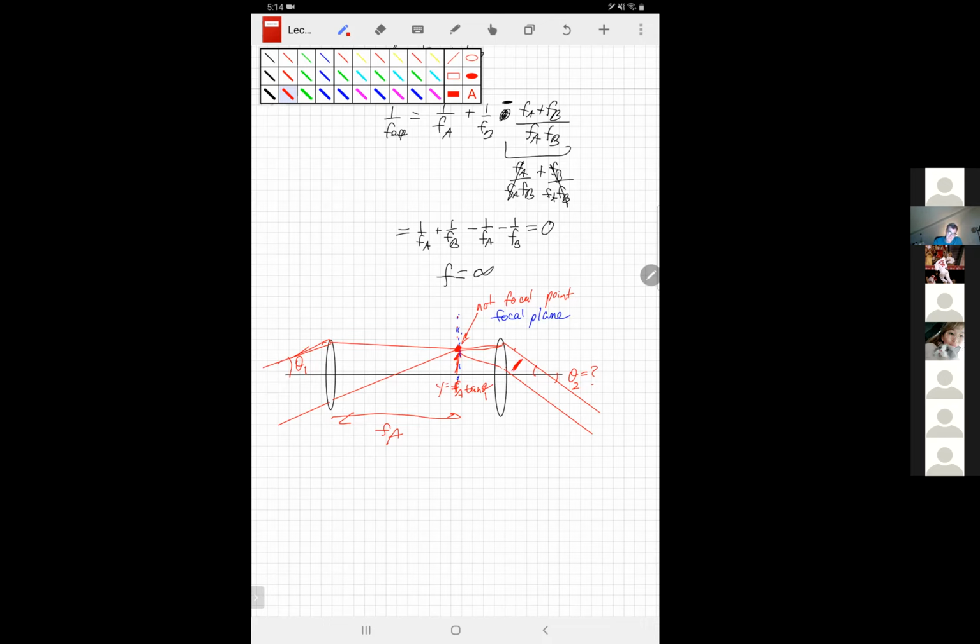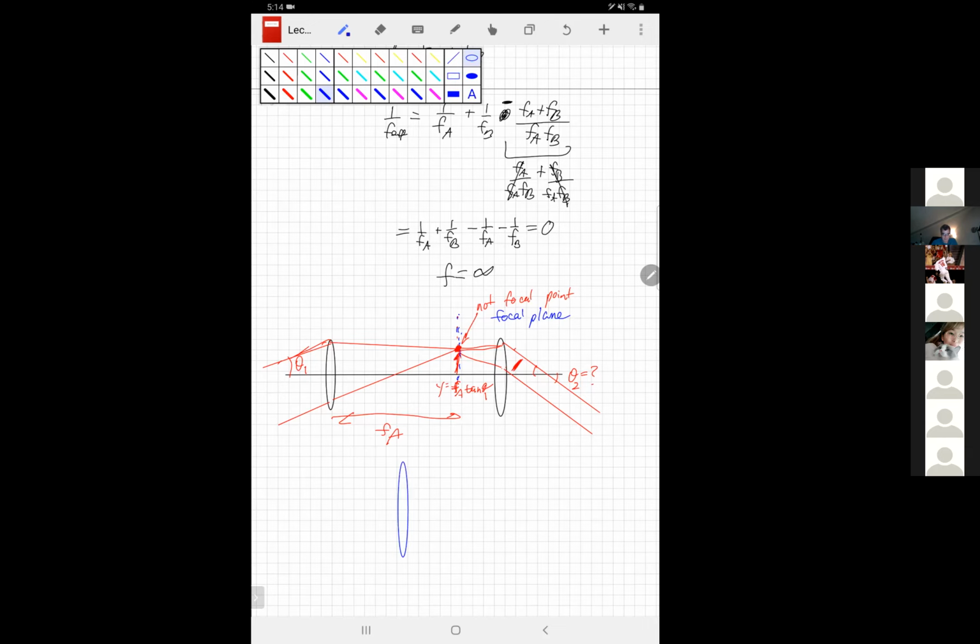But does that second lens have any idea what they were doing before hitting the first lens? That second lens doesn't have any idea what they were doing before hitting the first lens. Think about it just like this. I've got a lens.